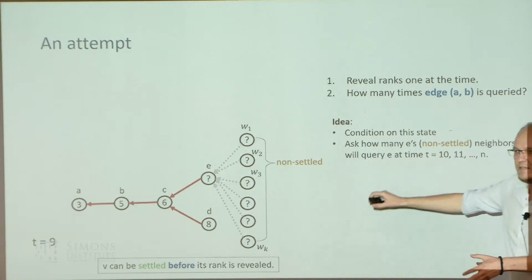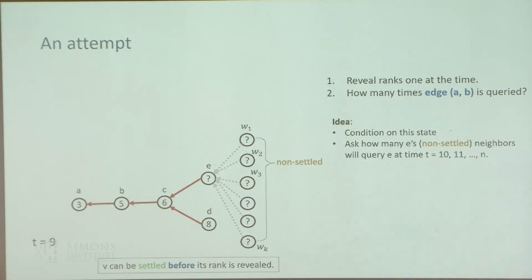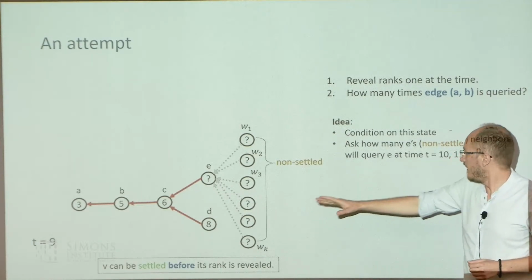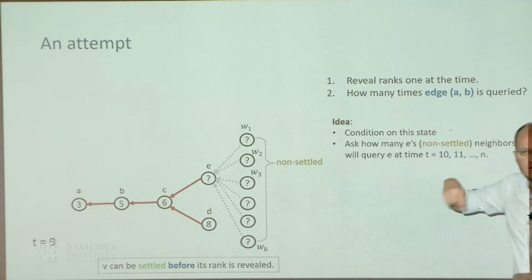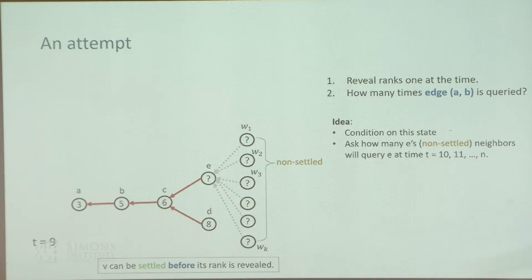So if you're in this situation, I have actually two questions. The first one is, does anyone want to tell me, at times t equals 10, 11 until the end of the process, how many neighbors, W1, W2 up to WK, we expect to query E? And each of those which query E, they will then recursively query A and B, right?